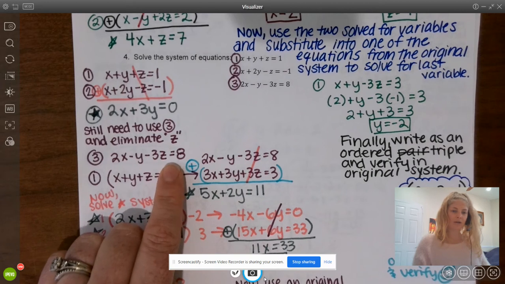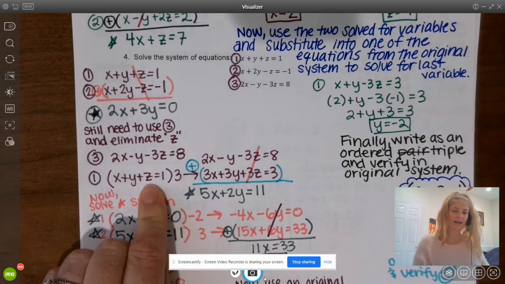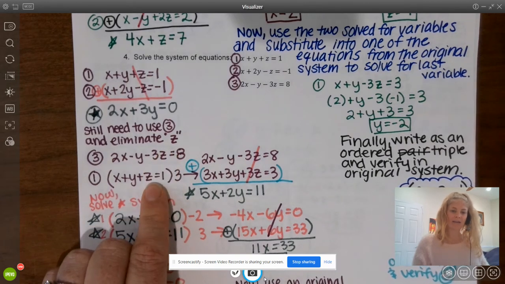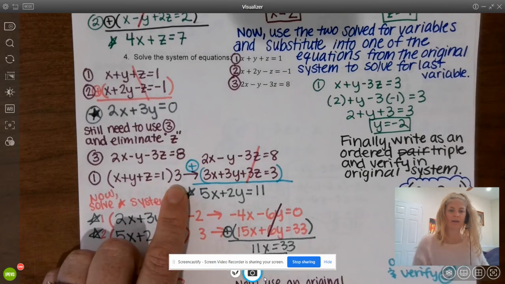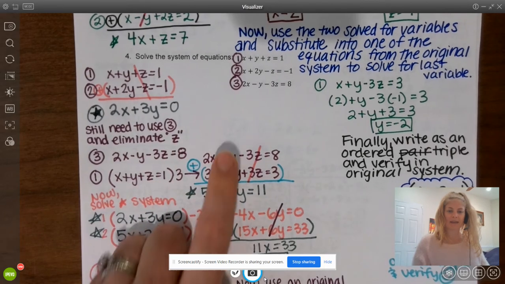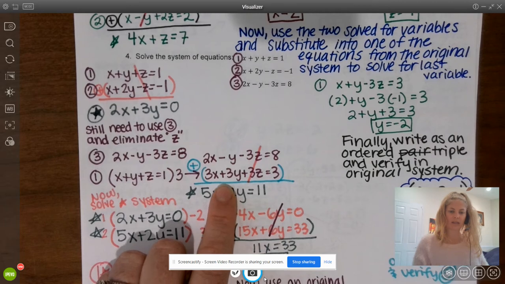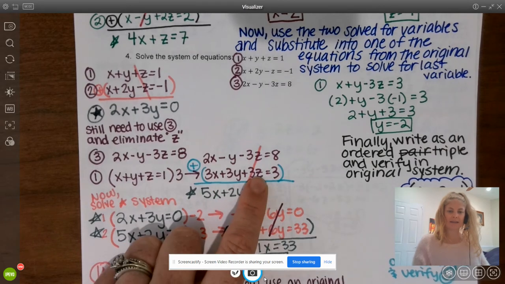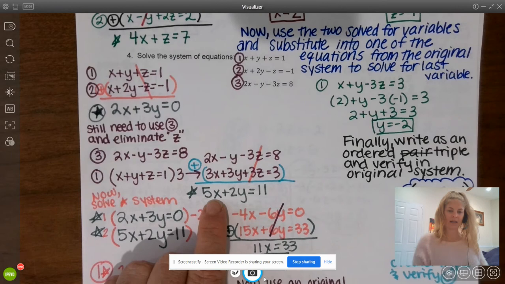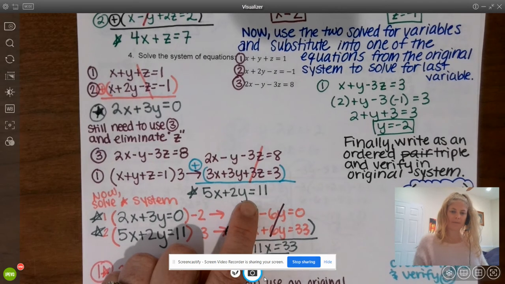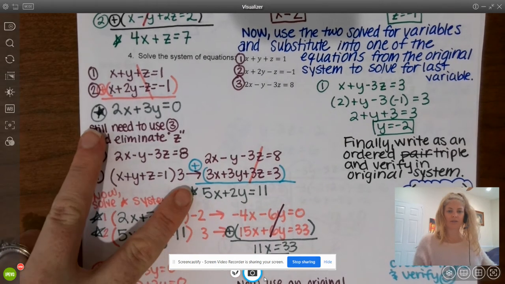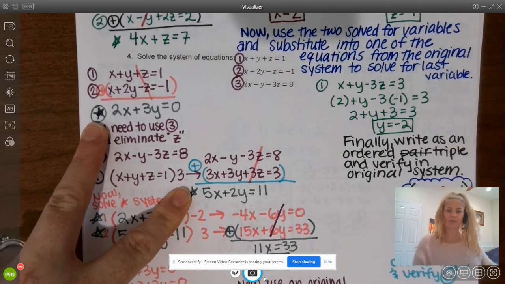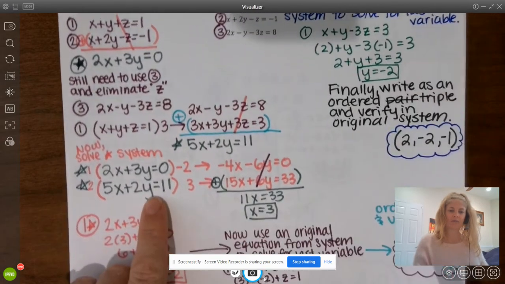So I noticed equation 1 had an opposite sign for z, so I just multiplied equation 1 by 3 and then added to equation 3 to notice that z's canceled out and I had a new equation with just x and y. So now I have my star system, two equations with the same two variables, and I solved.